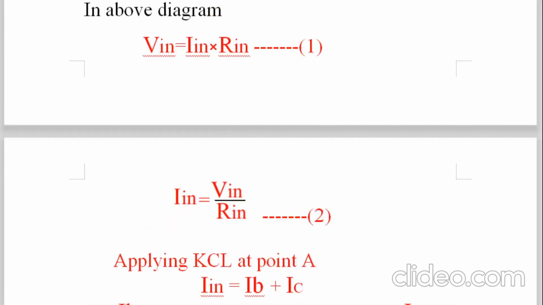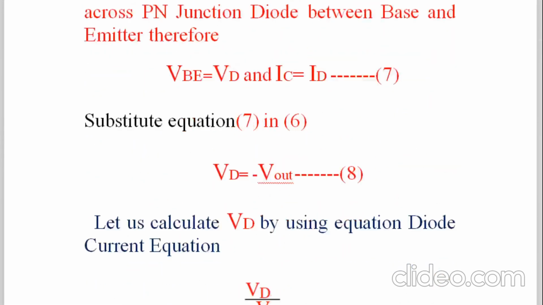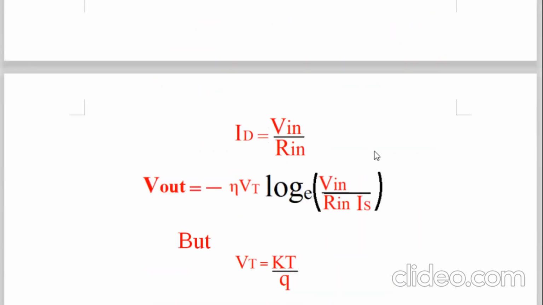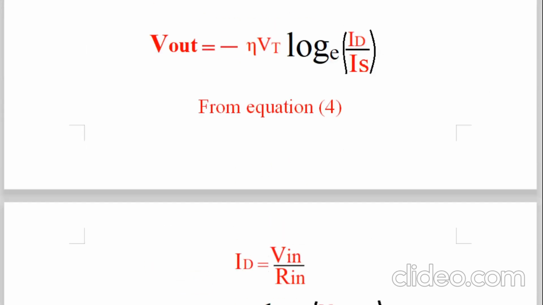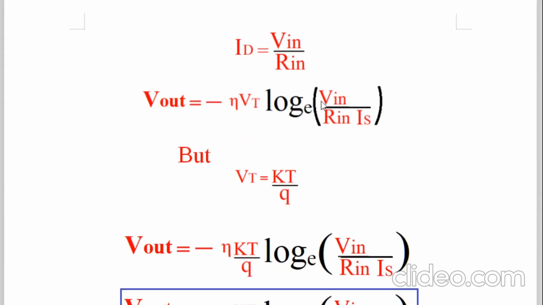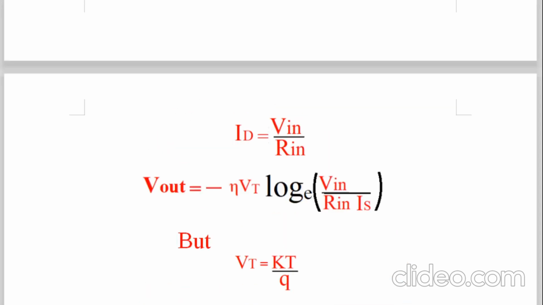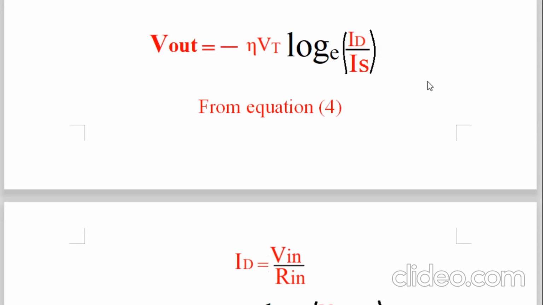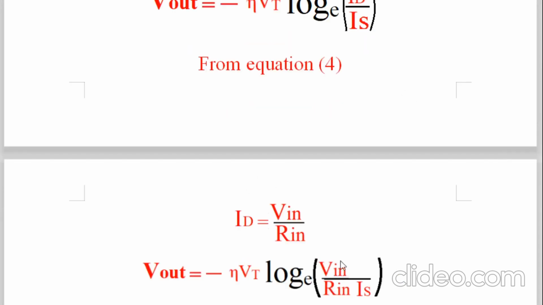So we have derived the equation for ID: ID is equal to Vin divided by Rin. So here we have to substitute that. Vout is as it is, minus eta into Vt as it is, log to the base e as it is. Only instead of ID we have written Vin upon Rin, and then Is is as it is.